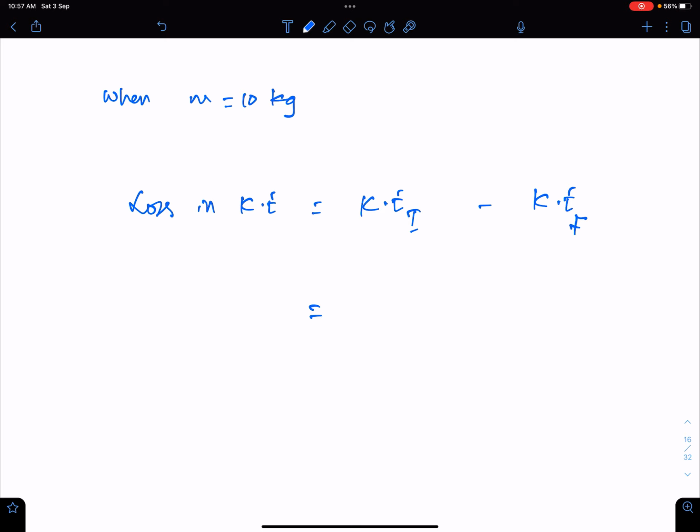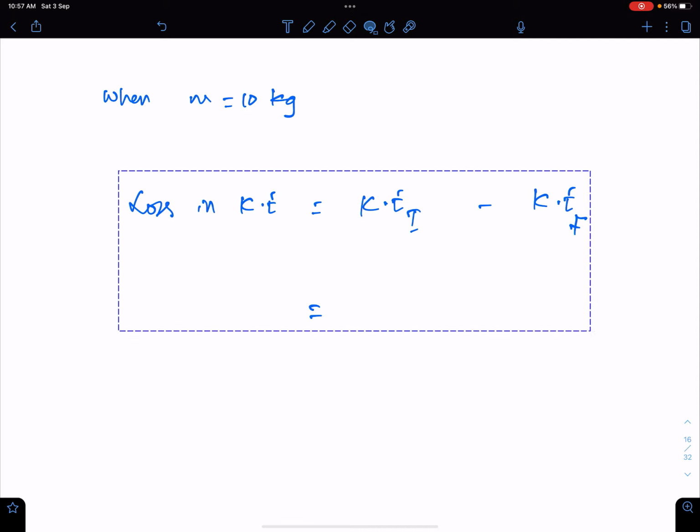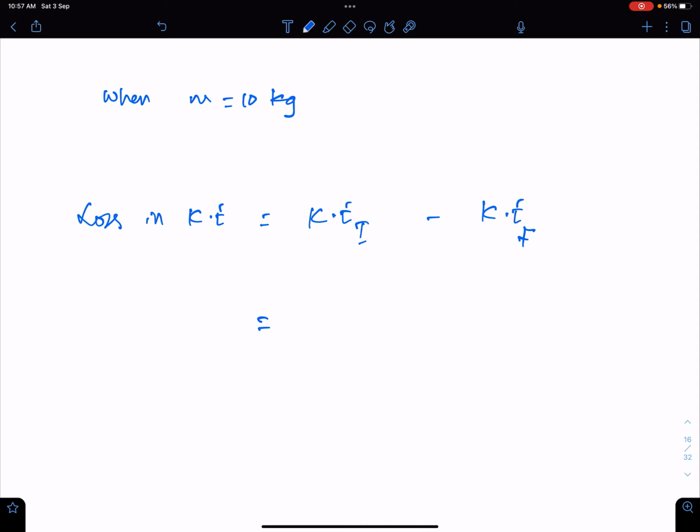KE initial means the kinetic energy of A, because only A was moving before the collision. So the kinetic energy of A would be half into 4, and its speed before the collision was 6.